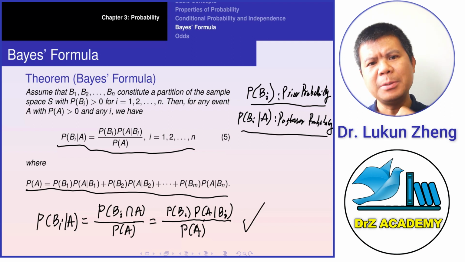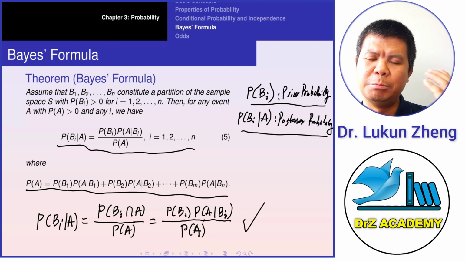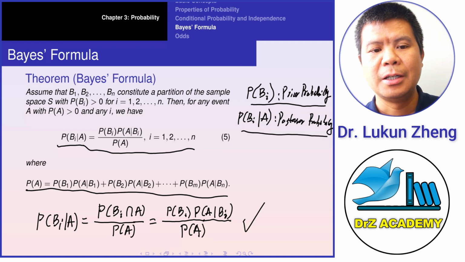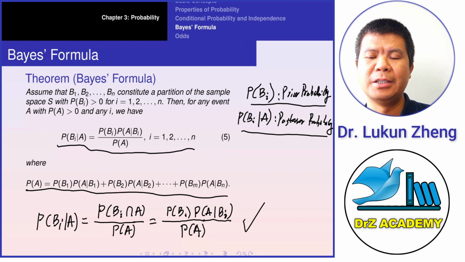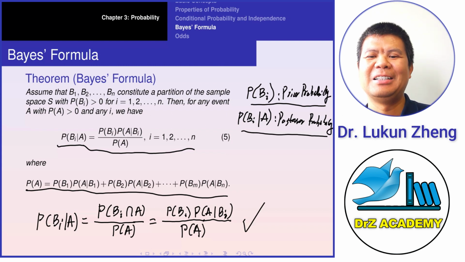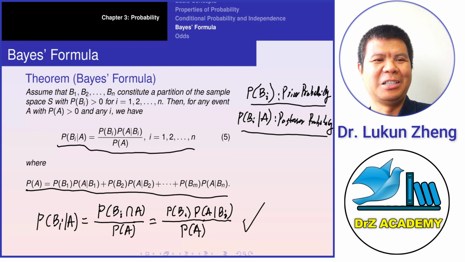It's like updating the probability of Bi, since additional information is given. That is what Bayes' formula does: updating the probabilities given the event has occurred. Okay, prior and posterior.